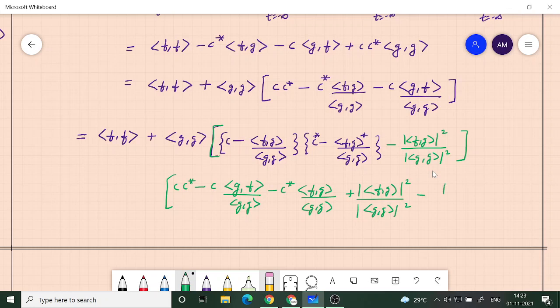I'm just adding and subtracting this. Let me know if this step is clear. These two green brackets are the same. Yes, sir. Okay, all right.